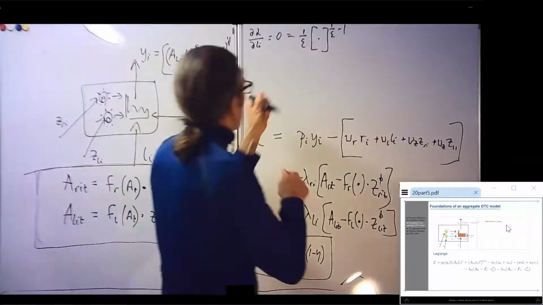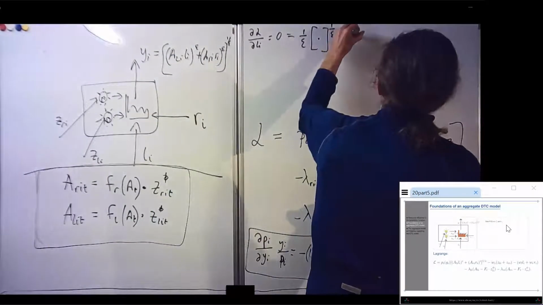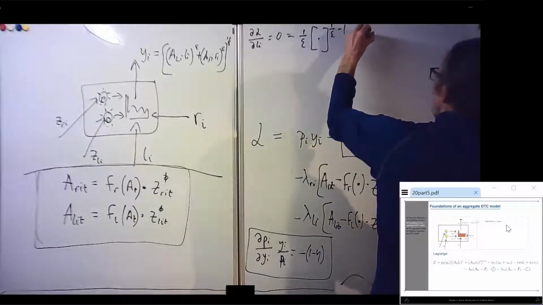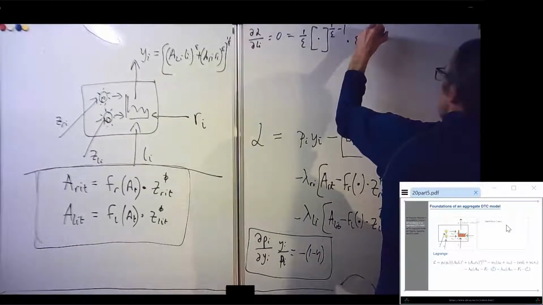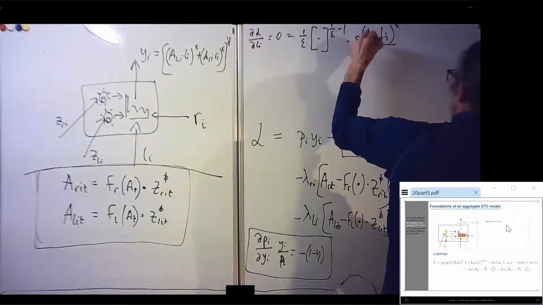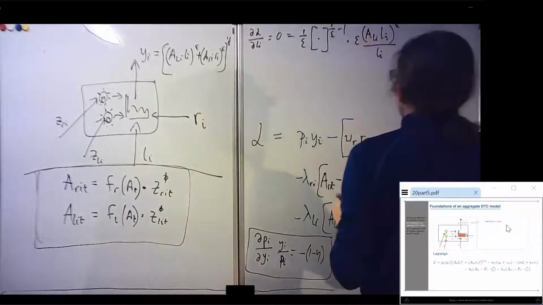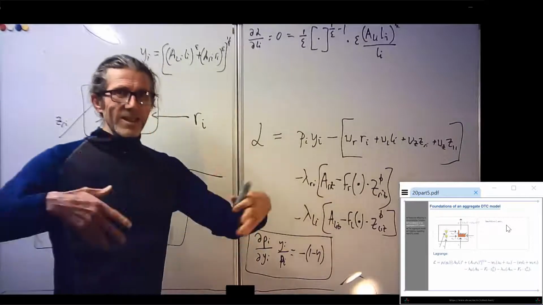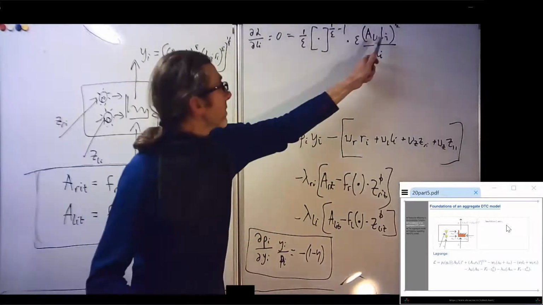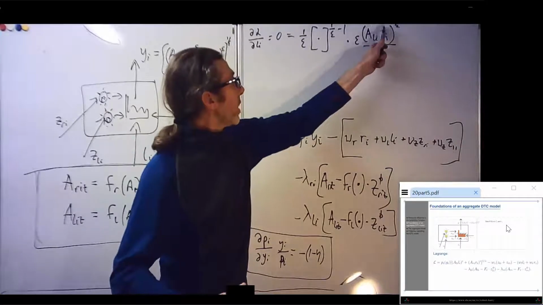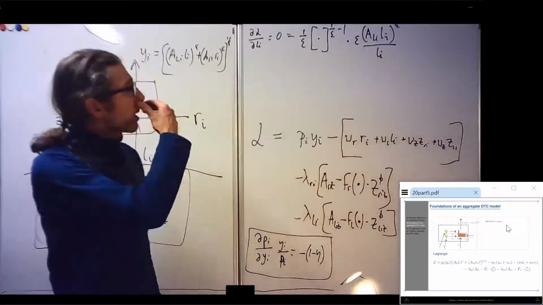So it works out as epsilon times ALi Li to the epsilon over Li. It's much easier in the continuation if you keep this term together as it is. And to get the minus 1 on this, you divide through.